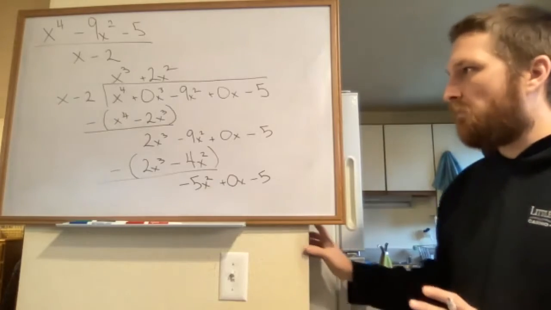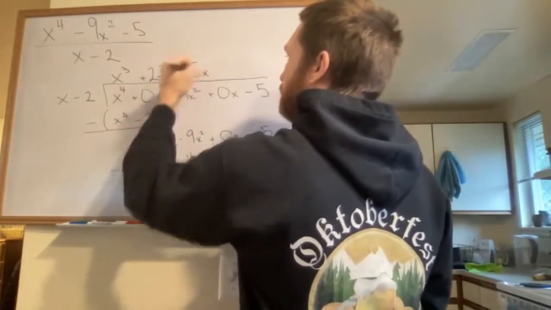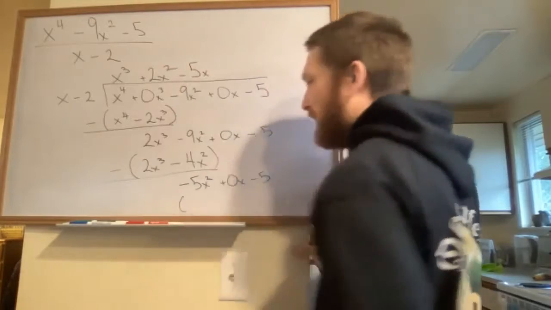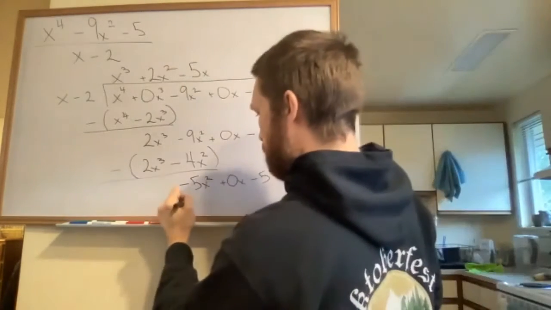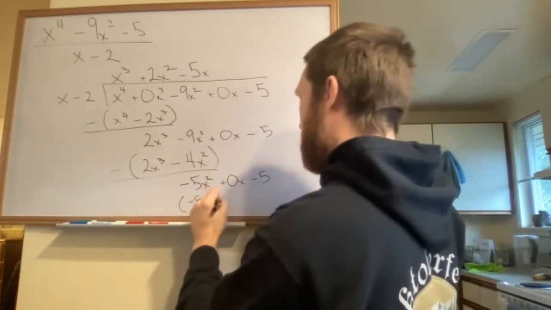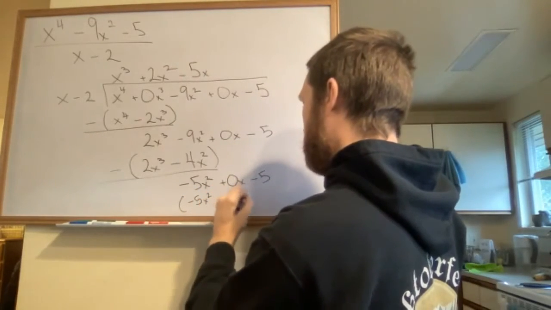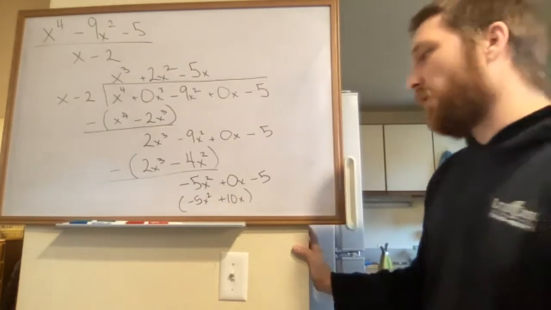A minus 5x. And when I do that, what do I get? Minus 5x squared plus 10x. And I'm so sorry that I'm running out of room. Ugh. Okay.